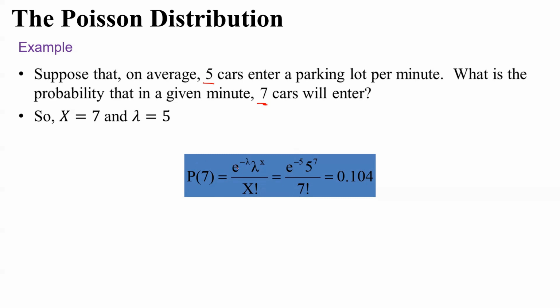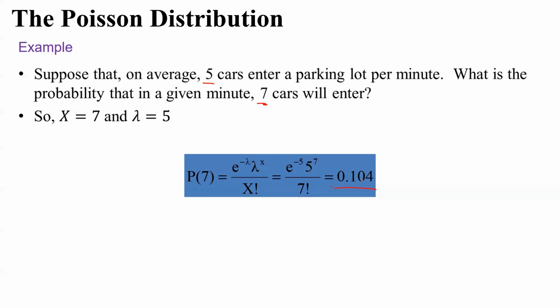It's very simple. You just write the Poisson formula and substitute the average of 5 cars entering per minute. That means e to the minus 5 multiplied by 5 to the power of 7, since x is 7 cars, over 7 factorial, and you get 0.104.